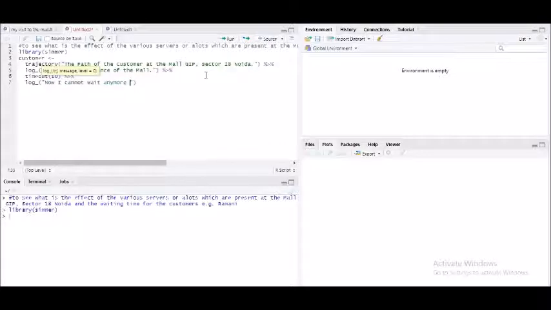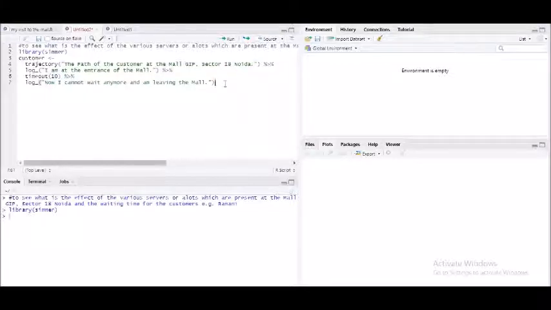So I get irritated and lose my patience, and I say, okay, I cannot wait anymore, and I'm leaving the mall. This has to be capital. Now, leaving the mall. Here we go, and my log is taken care of. Now we will run this and check whether this is right or there is some error. Thankfully, it is fine.